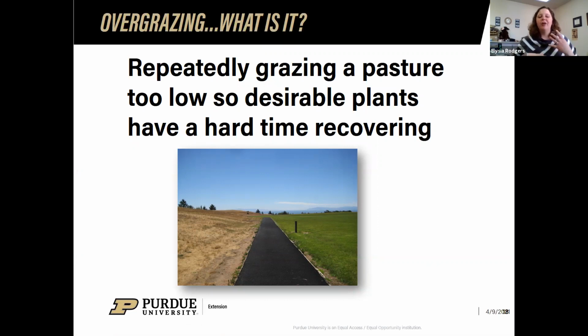So basically understanding how our plants function. Each year our plants go through kind of a cycle. So in the spring, they utilize stored reserves to start manufacturing energy, to start undergoing photosynthesis, to start growing. Throughout the year, they also put aside a few reserves to help if there's a drought, if there's a little bit of overgrazing, if they are mowed, if there's a fire that goes through, things like that.